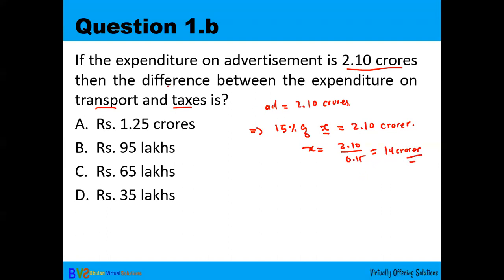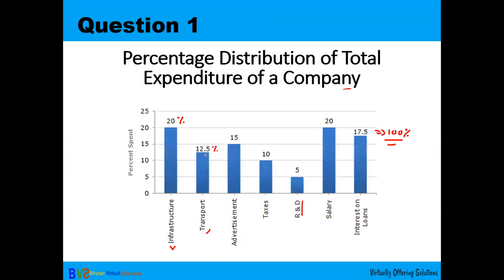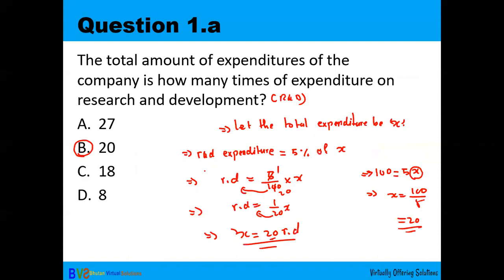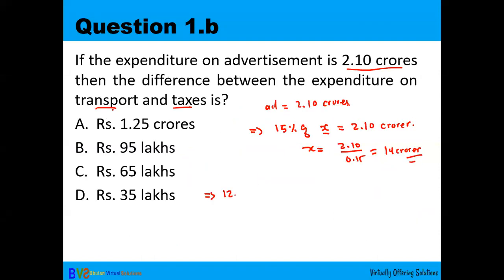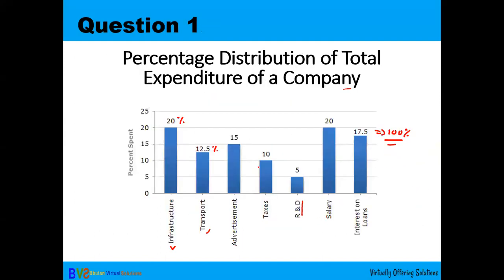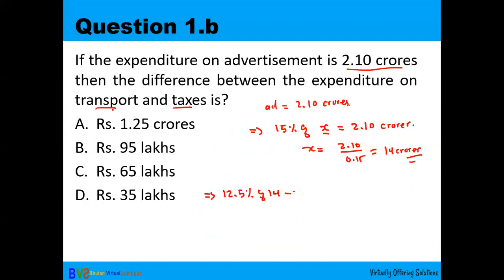The question is asking us to find the difference between the expenditure on transport and tax. The transport expenditure is 12.5%, so 12.5% of the total, 14, minus, we have to subtract, tax, which is 10%, minus 10% of 14.